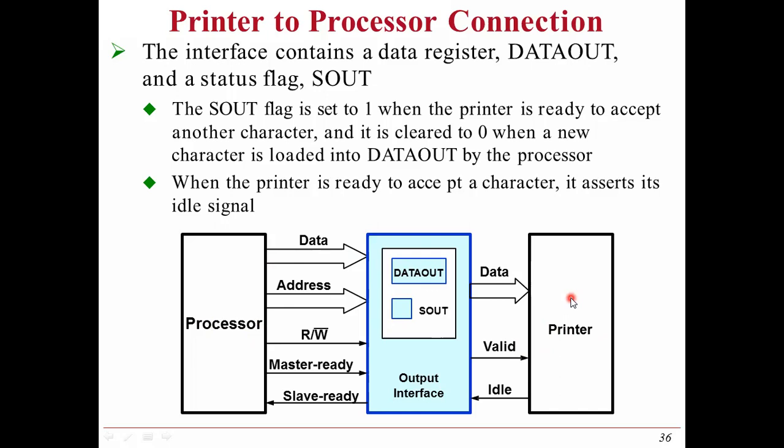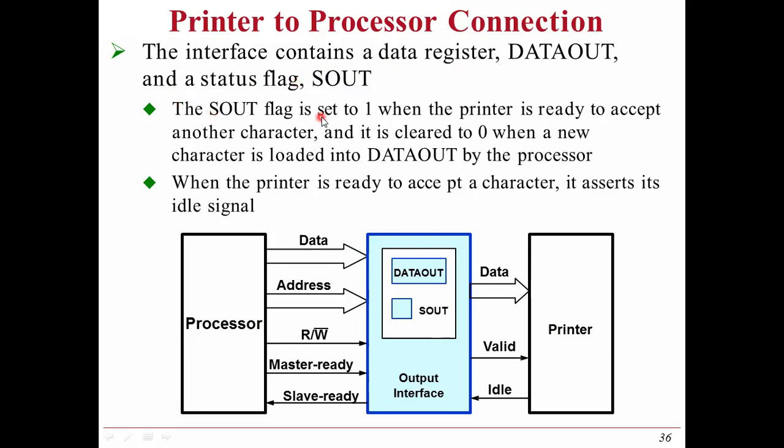So here all the bits are transferred at a time. That's why these interface circuits are called parallel ports. See here, the interface contains a data register, data out, and a status flag, S out.